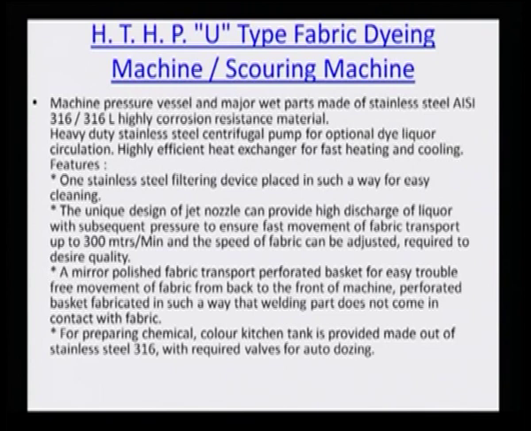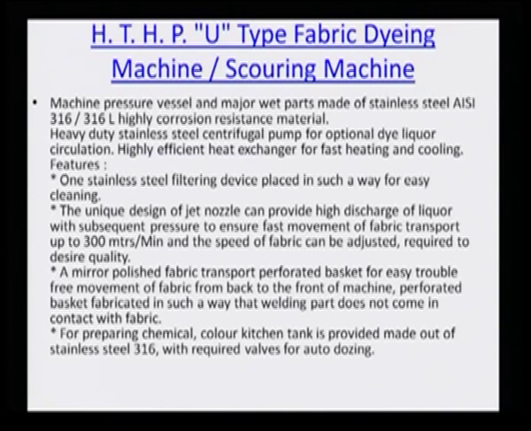So, you see it is a very fast fabric dyeing machine. 300 meters are passed in just 1 minute, and the speed of the fabric can be adjusted as required to the desired quality. So, this is a very specialized kind of machine.